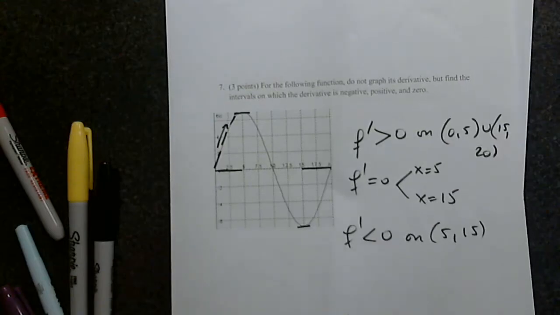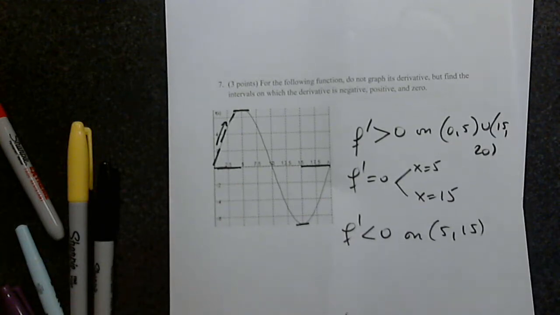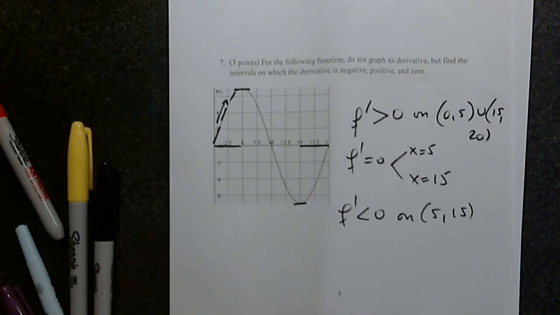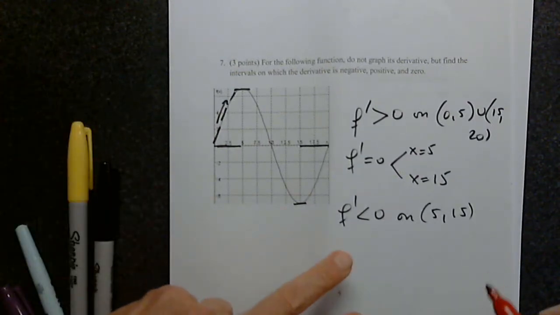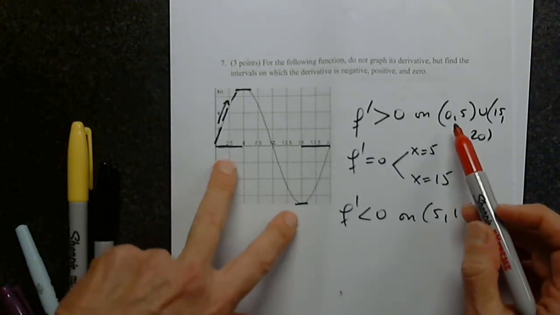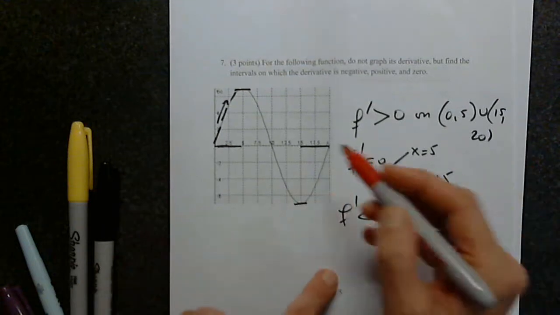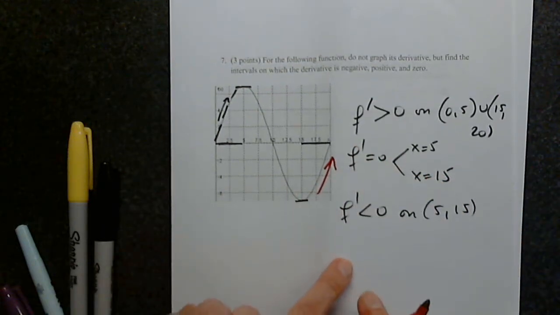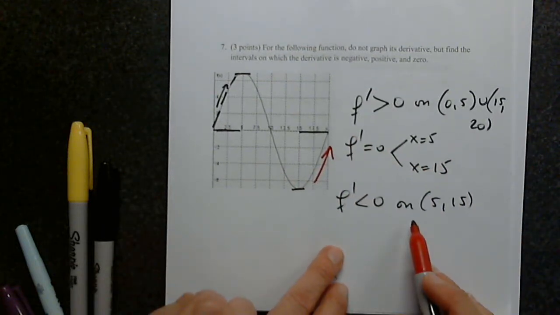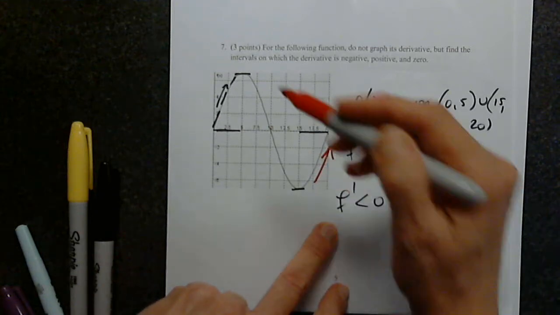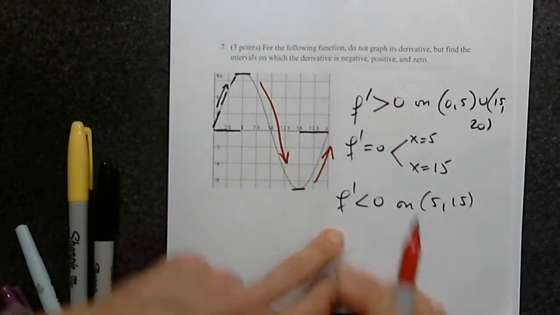Would it be 0, 5 union 15 to 20 when it's increasing? Oh, no, for the bottom one, yeah. Okay, I got it.